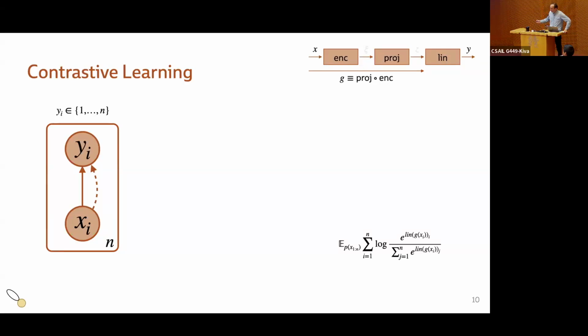So n here refers to the number of training samples that we have. So these are our pairs of images. And then we have an indicator variable that assumes a value between 1 and n. So we have all the indices which tell which kind of pair we are referring to.